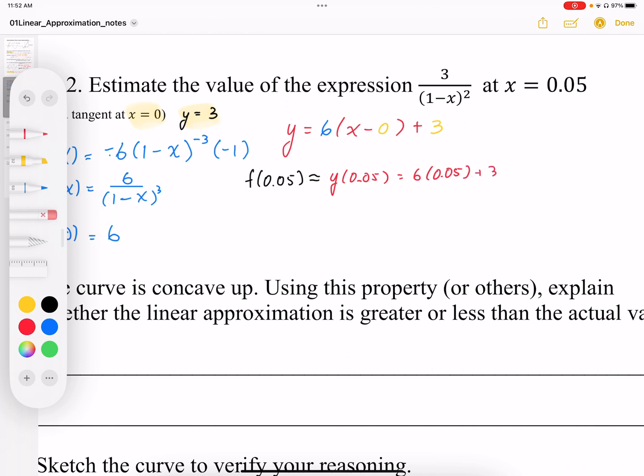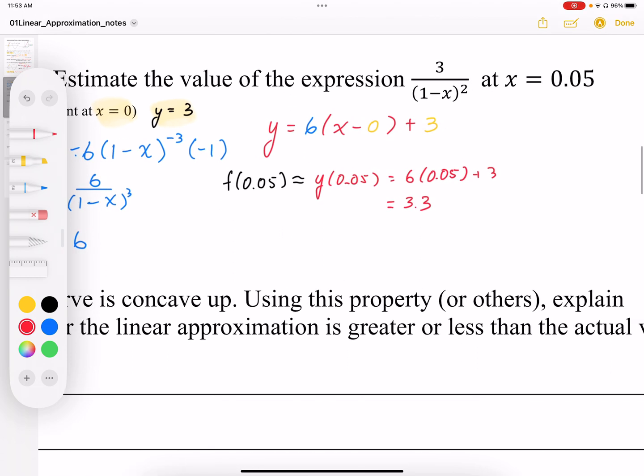And so my approximation works out to be 3.3. Okay, so the point on the curve of 3 over (1 minus x) squared can be approximated by the linear equation, and I get a value of 3.3.